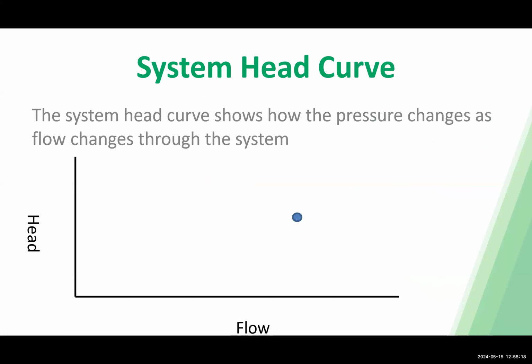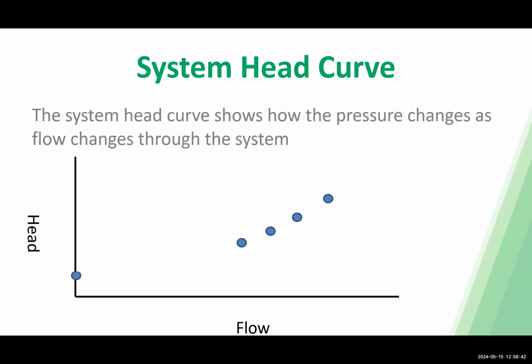So here is a singular design point. However, a system head curve is actually based on a multitude of design points, because as I said before, the pressure is going to change with the flow rate through your system. I'll go over the equation a little bit later, but you're going to use an equation to determine various pressures at various flow rates.